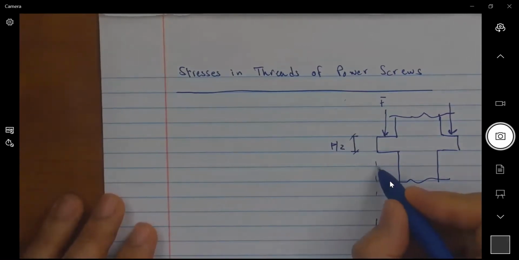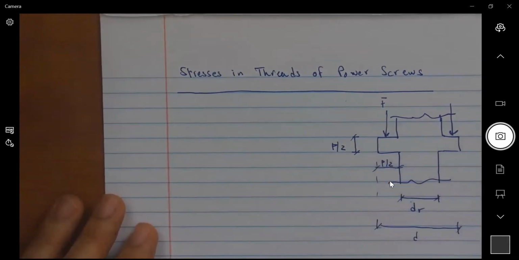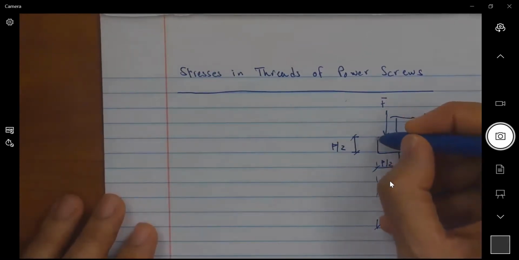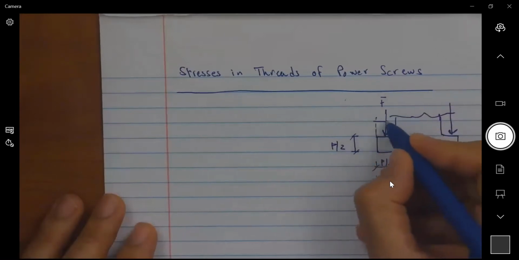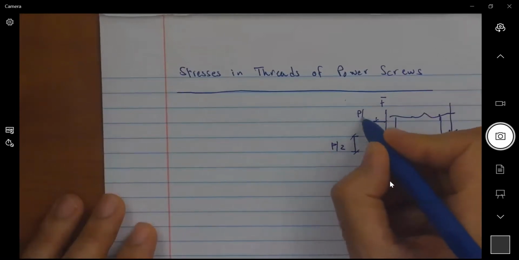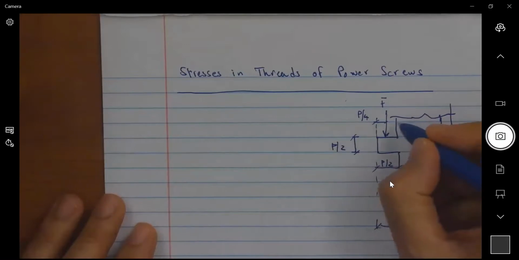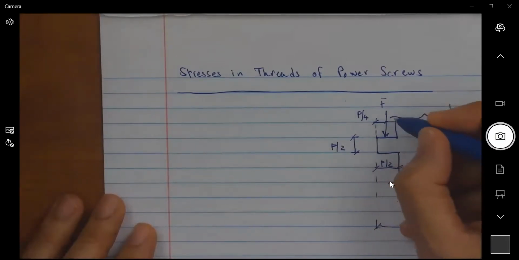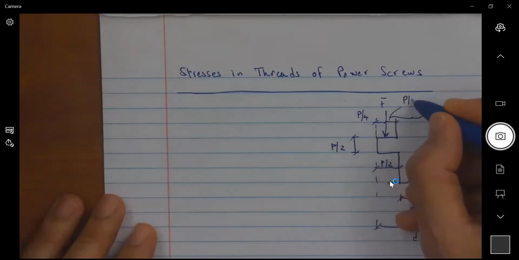So we will be considering here the force applied halfway through. So this will be P over 4. And the distance also on this end would also be P over 4.